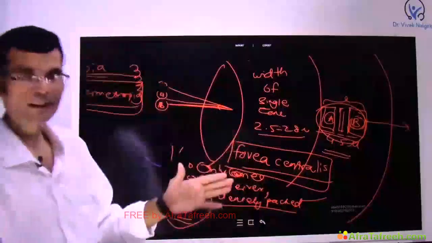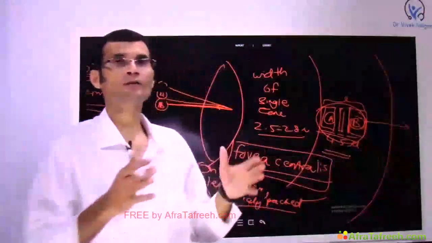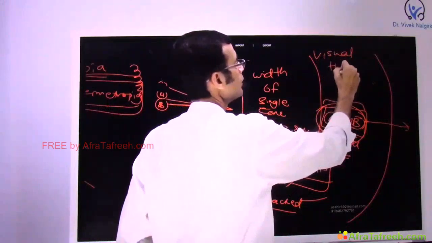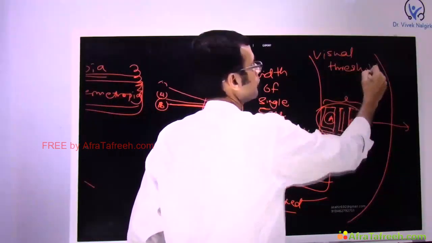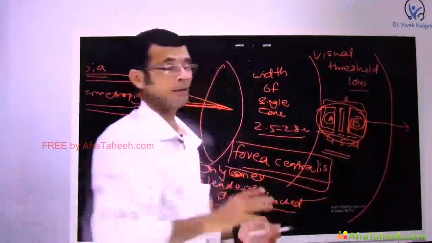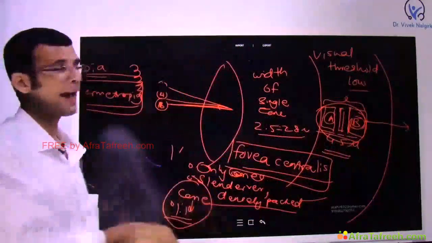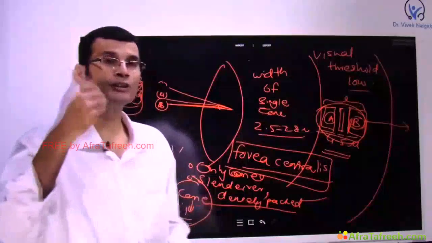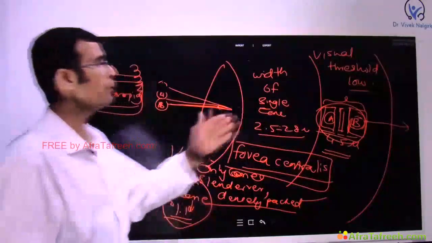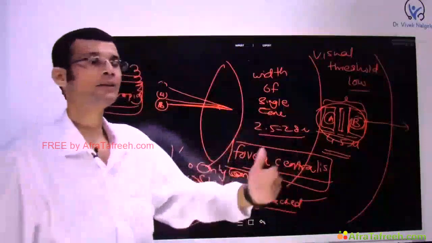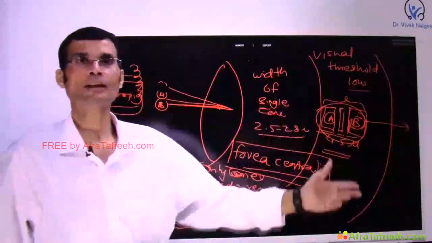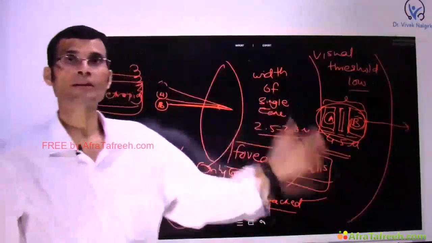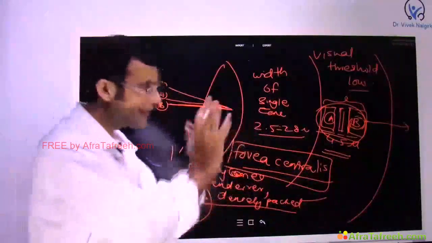So the point is, near the peripheral parts of the retina, the visual threshold is low. The visual acuity is less there, but visual threshold is low means a lower amount of light is likely to excite the peripheral parts as compared to the central part of the retina.